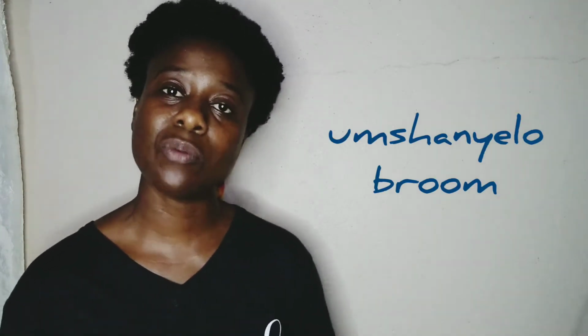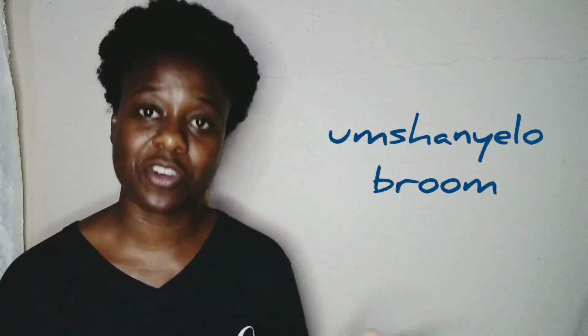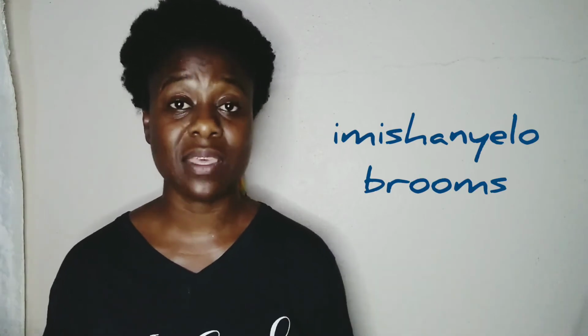So umfana, a boy, that's a person, becomes bafana. But here's another word, shanyelo, a broom. That's obviously not a person. And the plural changes, it's not ba, but it becomes ini. Shanielo, one broom. Shanielo, many brooms.